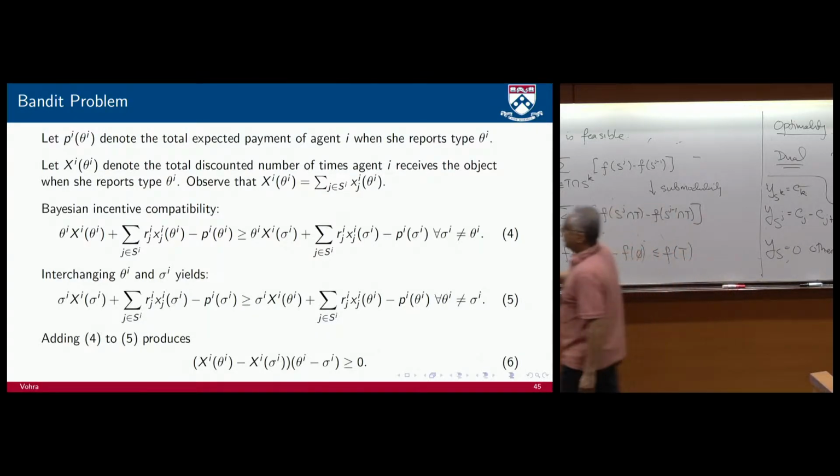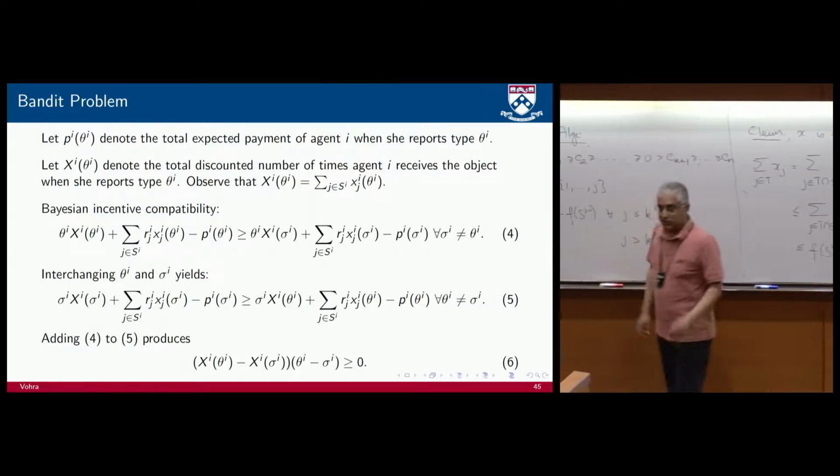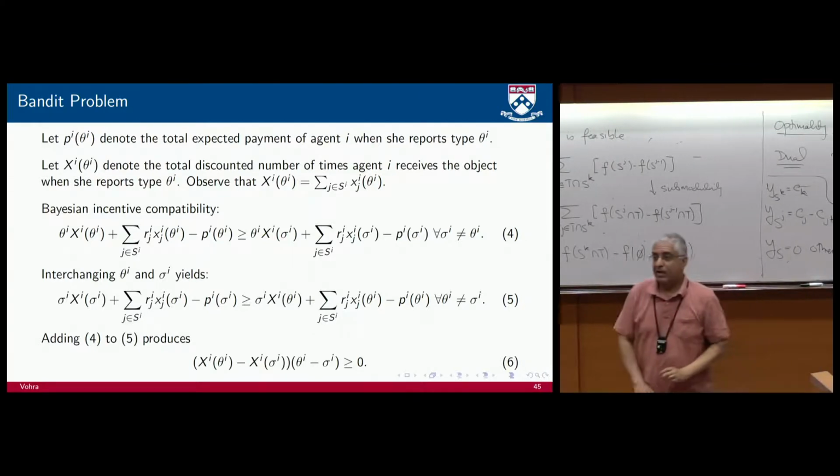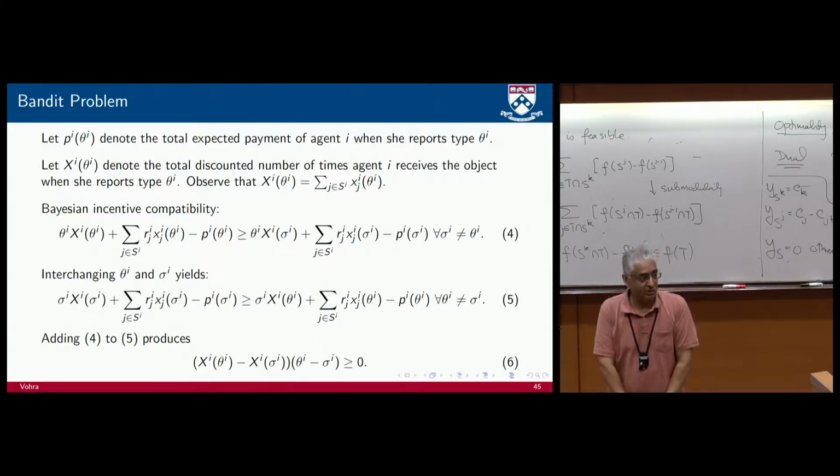So if your polymatroid is described by an integer submodular function, every fractional solution that lives in the polymatroid is a convex combination of integer solutions.